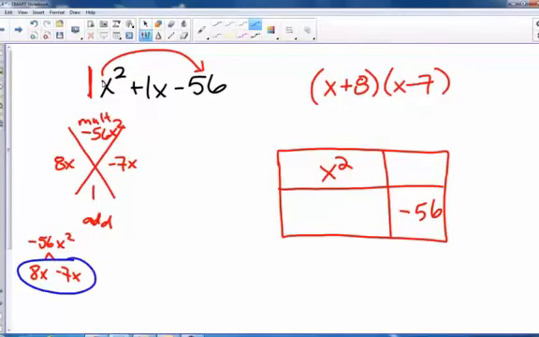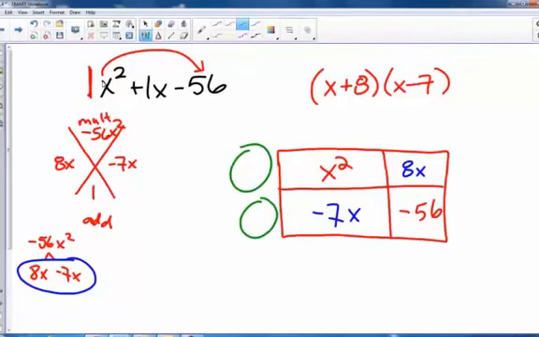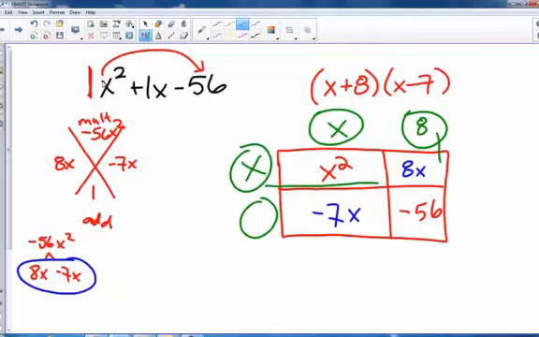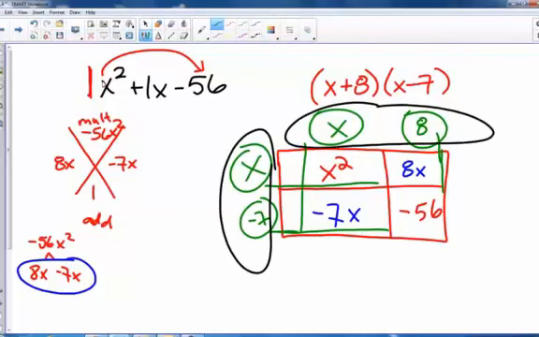So now, you have your 8x and your negative 7x. So again, you need to figure out what goes. Those are both x's, because x times x is x squared. And this is 8x. This would have to be negative 7, because negative 7 times x is negative 7x. And then does negative 7 times 8 give negative 56? And that is how you get your factored form with the box.